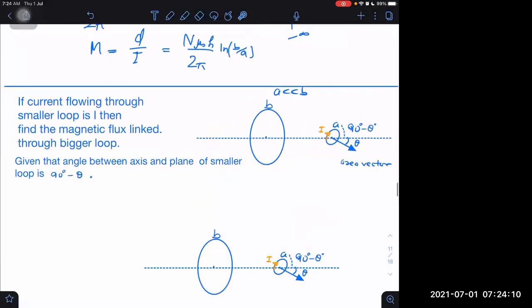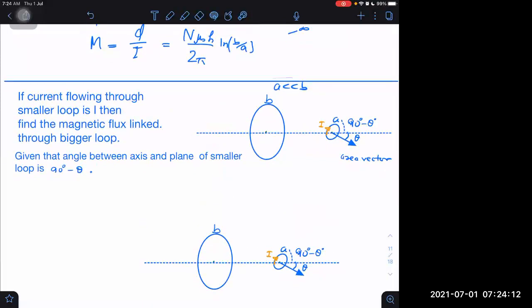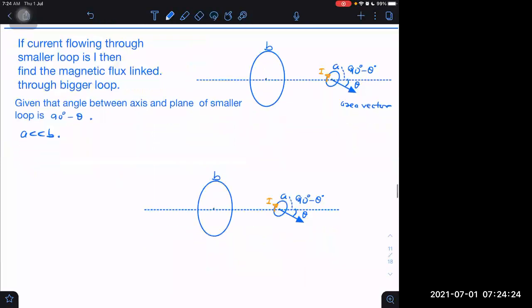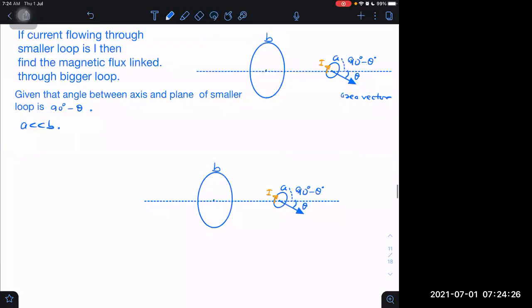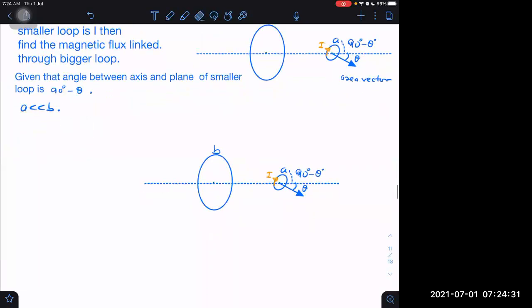We'll use mutual inductance. And also don't forget this condition: A is very, very small as compared to B. What we are going to do?